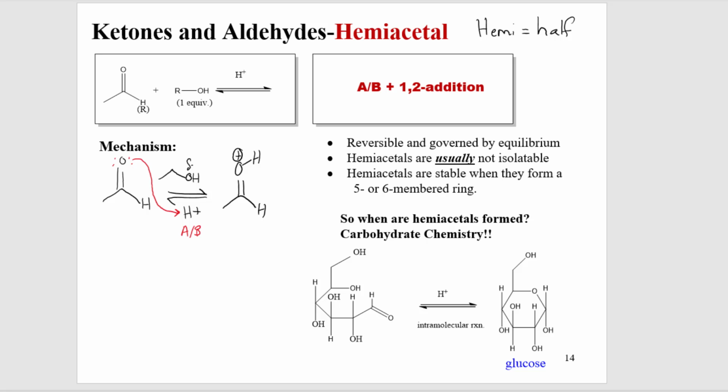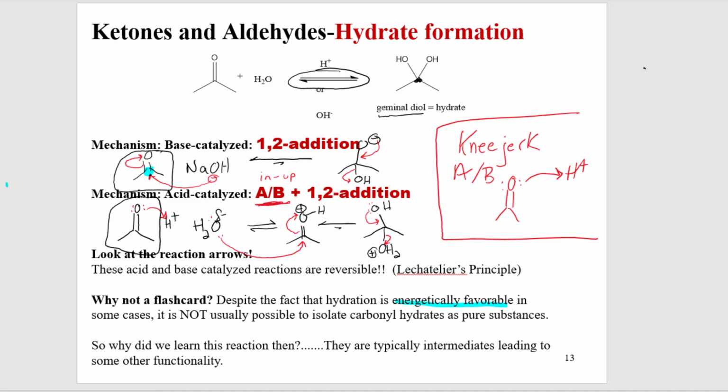Now we can do some chemistry. We have a very positive electrophile and a weak nucleophile. We are now ready for our in-up. Now notice the difference here. Before, I was using water or OH as the nucleophile.